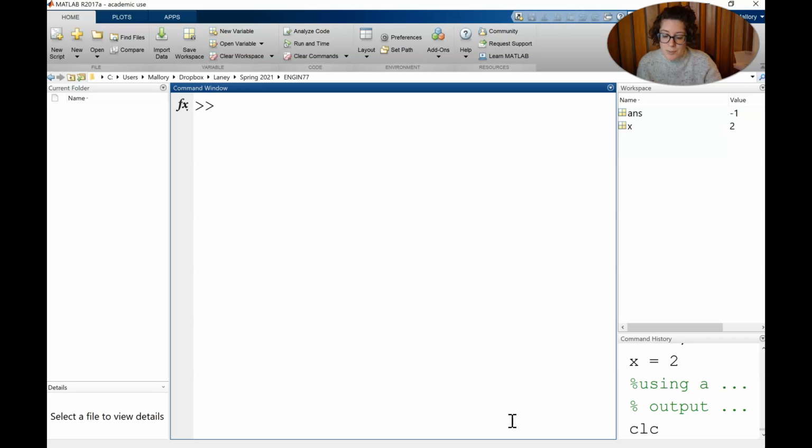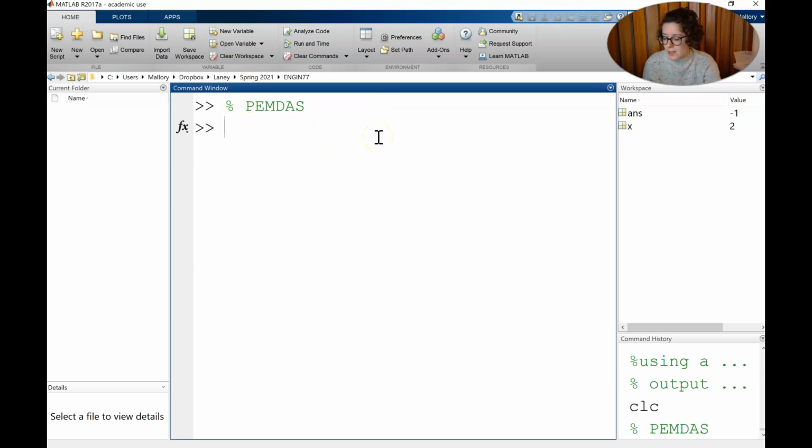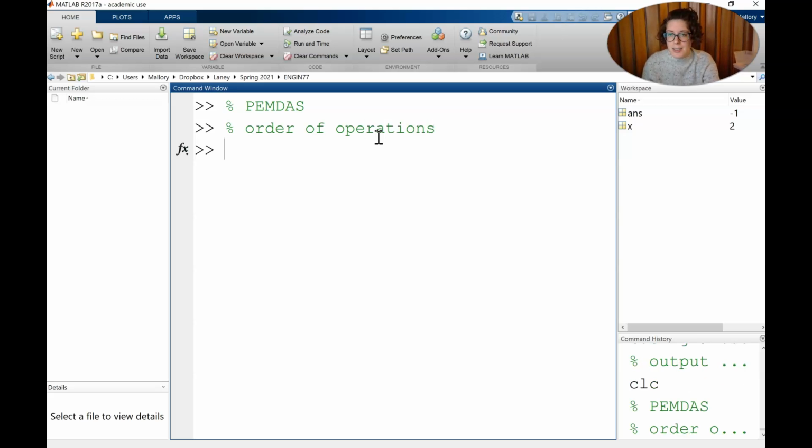If we think back to one of the first maths that we learned, you might remember the acronym PEMDAS. PEMDAS is an acronym that reminds us of order of operations. This is very important when we are typing our equations into MATLAB. PEMDAS stands for parentheses.